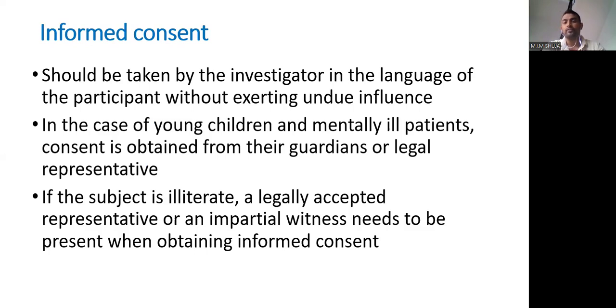In the case of young children or mentally retarded patients, consent should be obtained from their guardians or legal representative. If the subject is illiterate and doesn't know how to read or understand some language, then a legally accepted representative or an impartial witness needs to be present when obtaining informed consent.